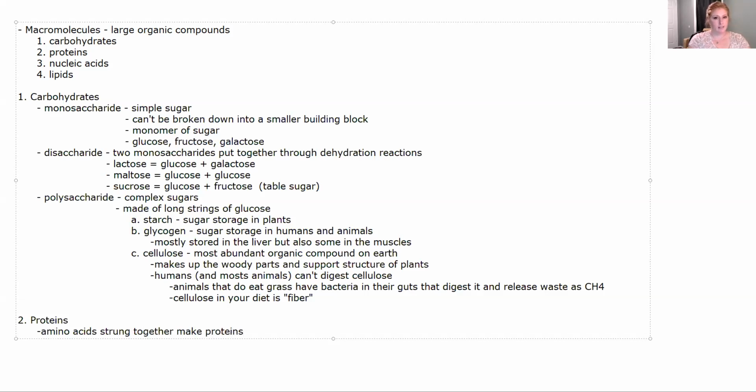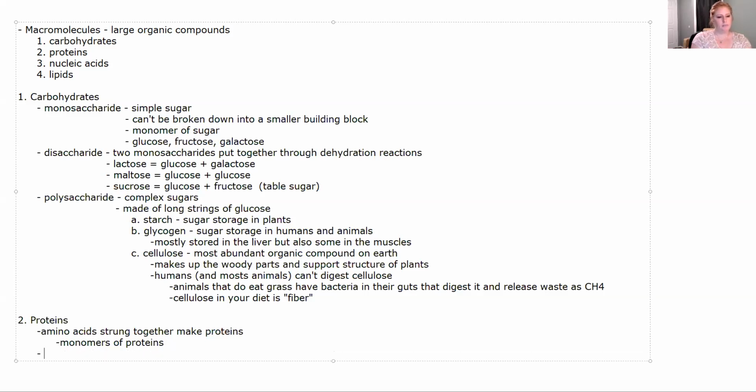If the amino acid is the brick, then amino acids are the monomers for proteins. So in the example for carbs, a single block or a single brick was sugar. It was a monosaccharide. For proteins, that single brick is an amino acid. Okay. When you link amino acids together through dehydration reactions, you eventually get proteins.